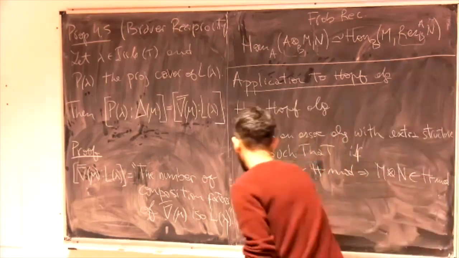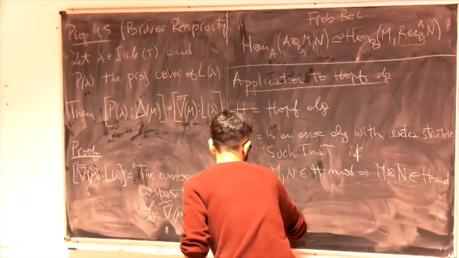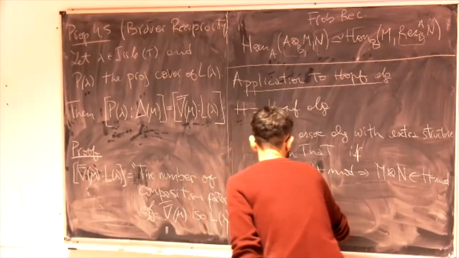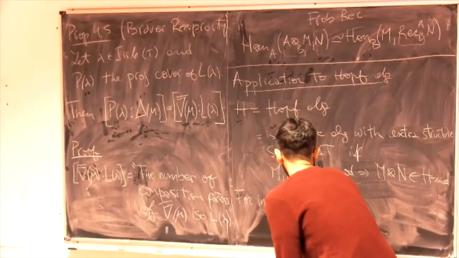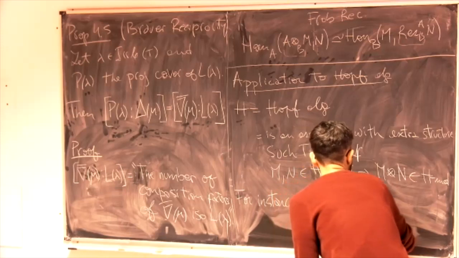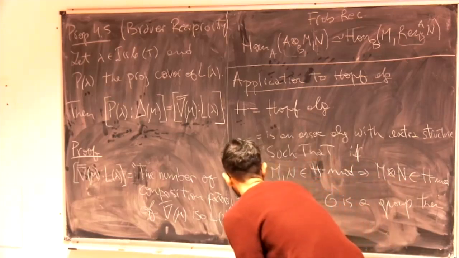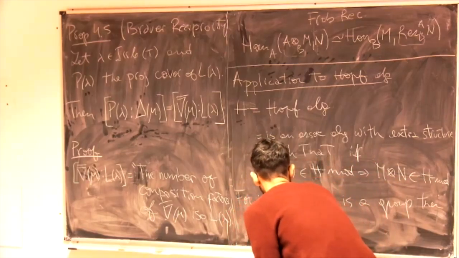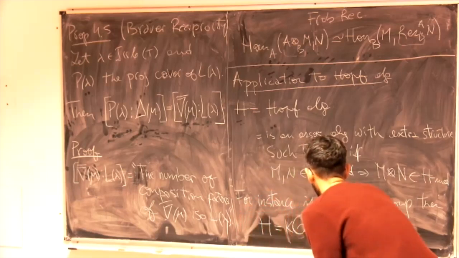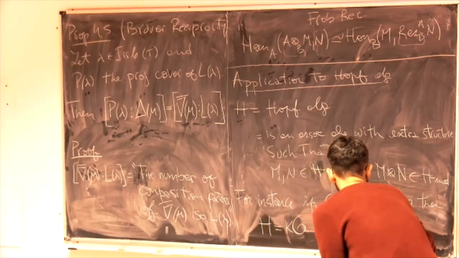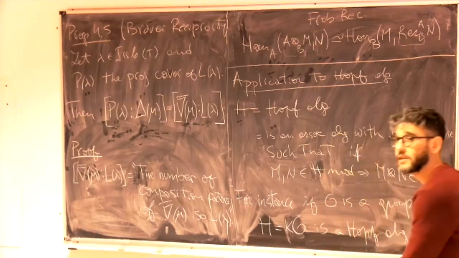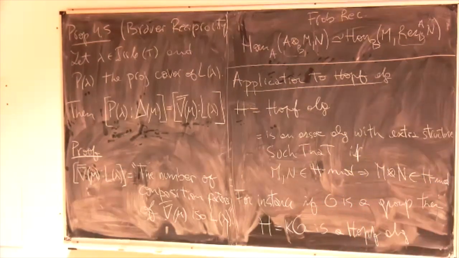For instance, if G is a group, then the group algebra over the field is a Hopf algebra. In this case, one can note that the tensor product of two modules is again a module via the diagonal action.